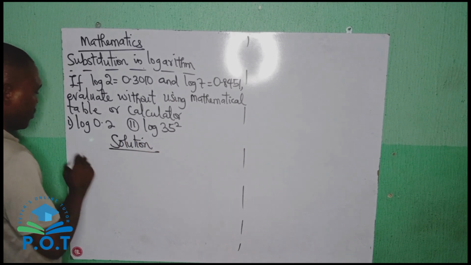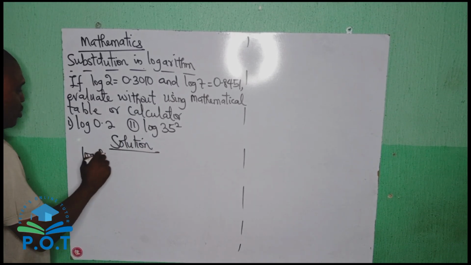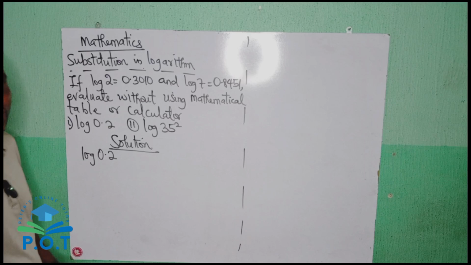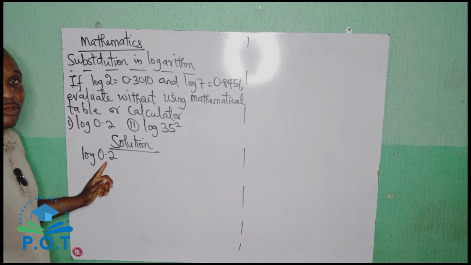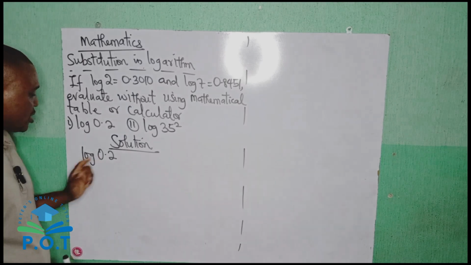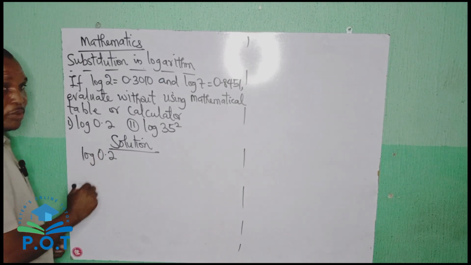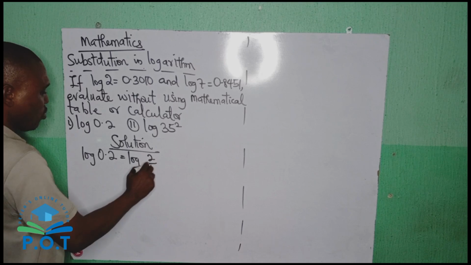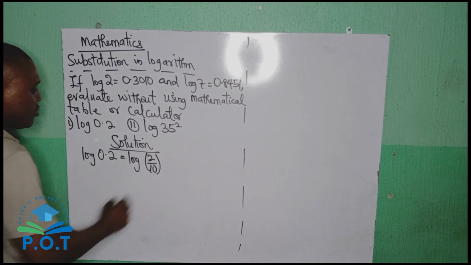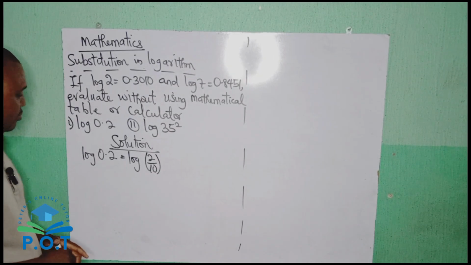Solution: log 0.2. Now, the first step here is to change this decimal to fraction. That will be log 2 over 10.